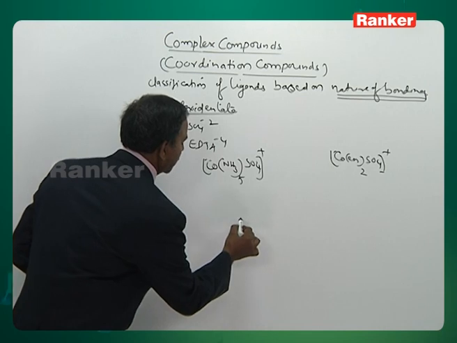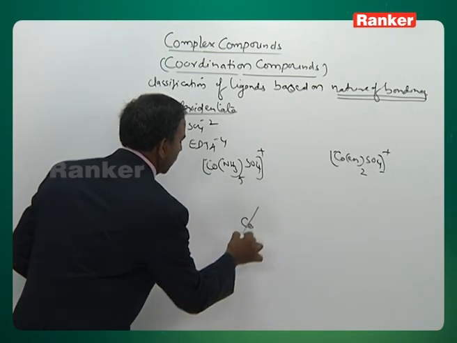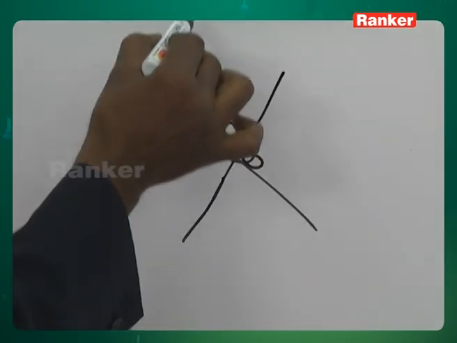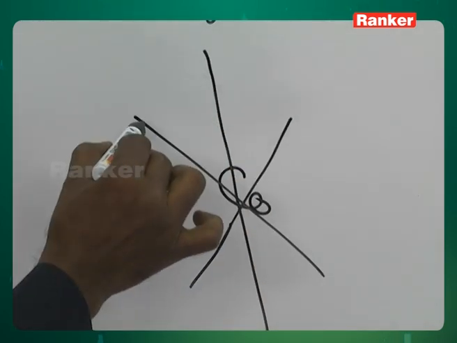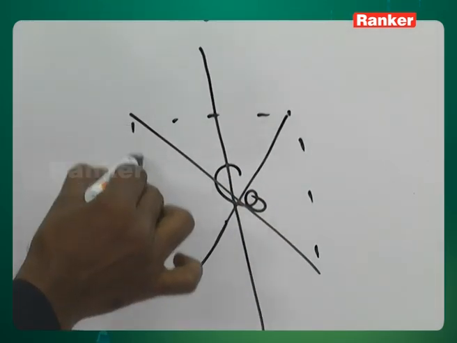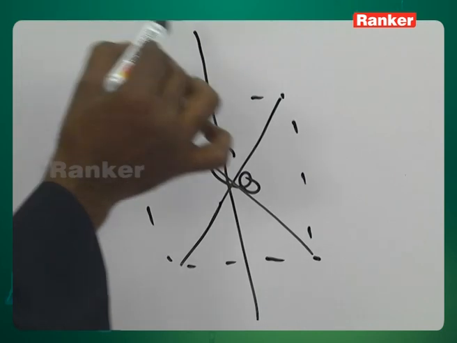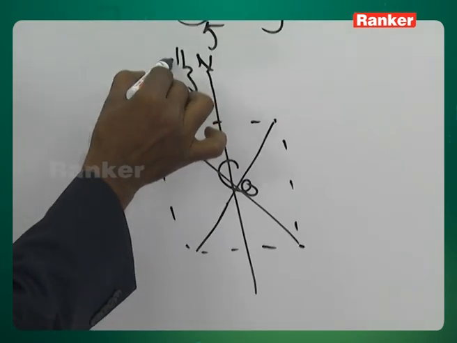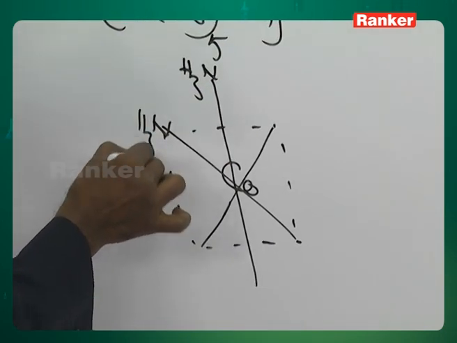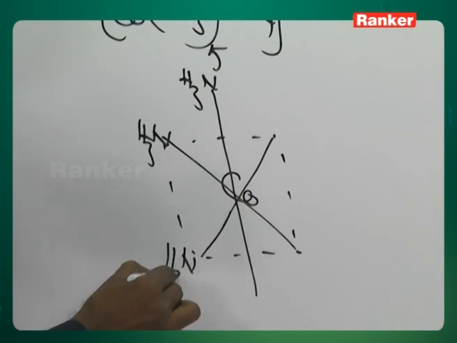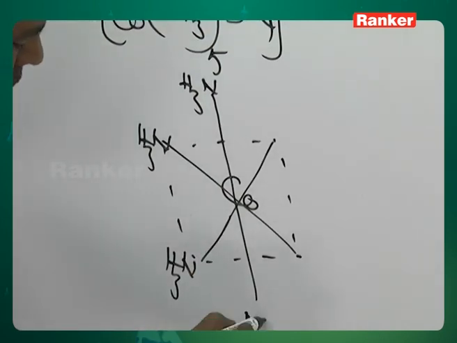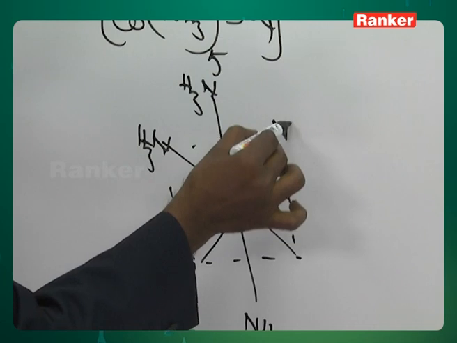Look at how I am writing the structure of this particular complex. These are the 5 amines I am writing. 5 positions are occupied by these amine ligands, 1, 2, 3, 4 and 5.